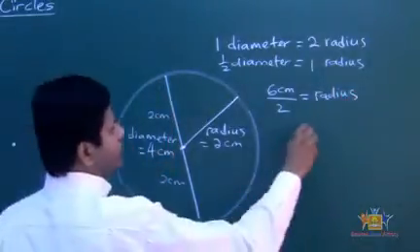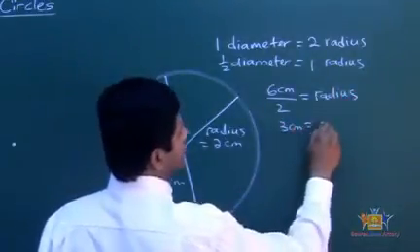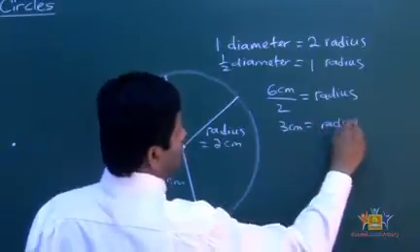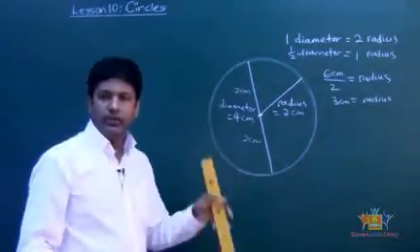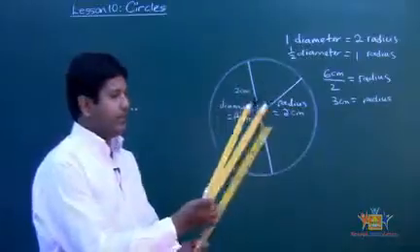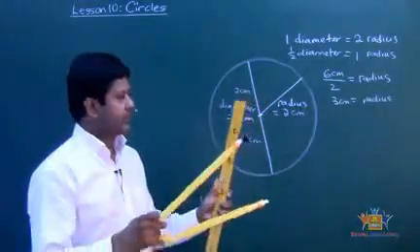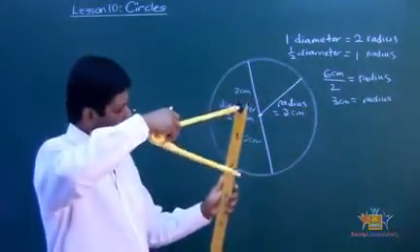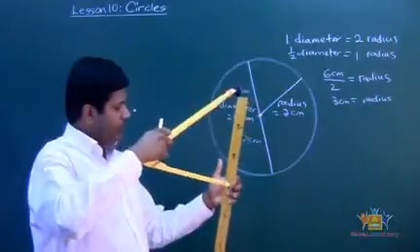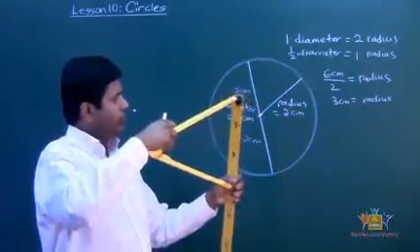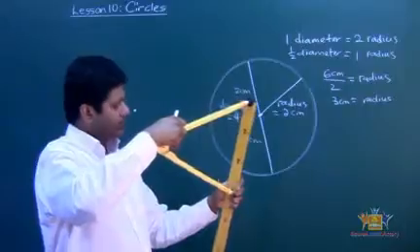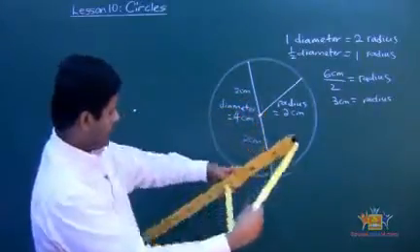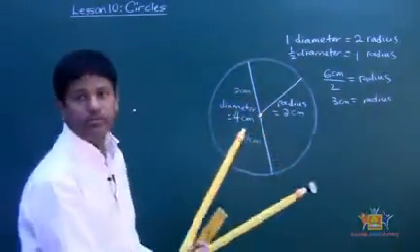So the radius is what? 3 centimeters. Now I take the straight edge and measure 3 centimeters. I put the sharp point on the 0 and position the other so it is on the 3. That gives me a radius of 3 centimeters.